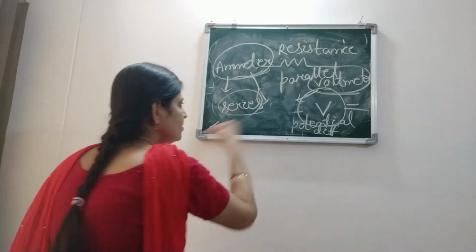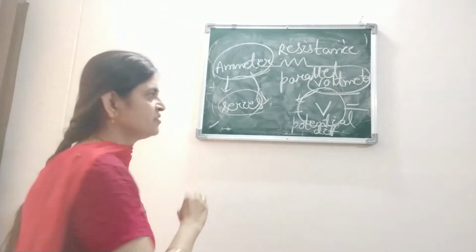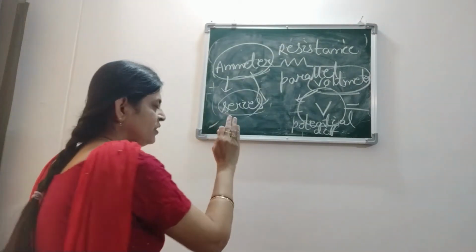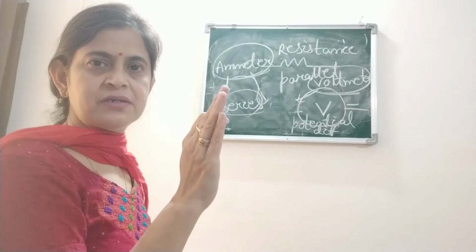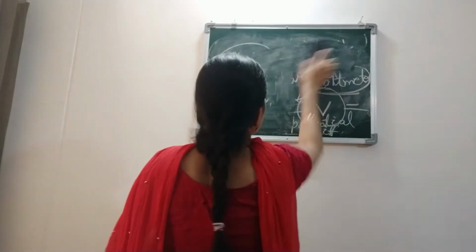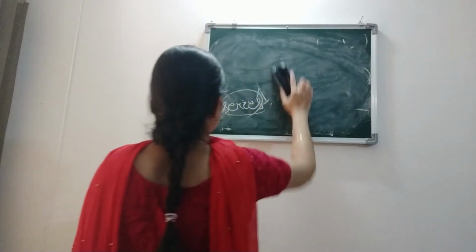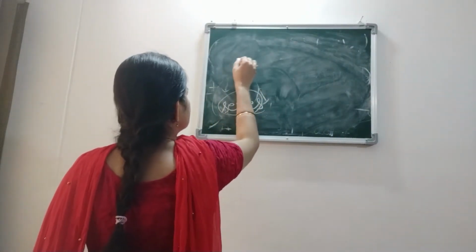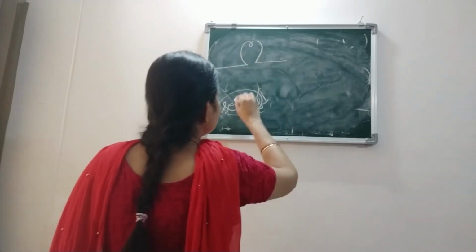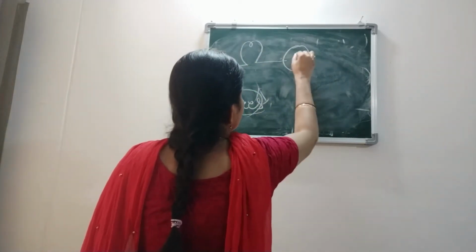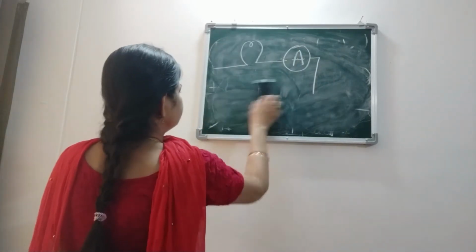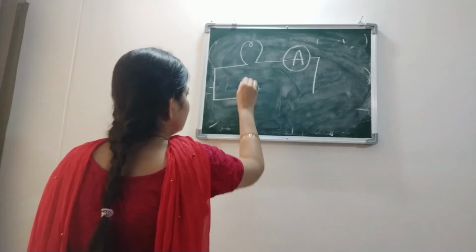What do you mean by series connection? Series connection means if we are considering a circuit consisting of a bulb, suppose this is a bulb, and an ammeter, A means ammeter, and a cell is also connected.